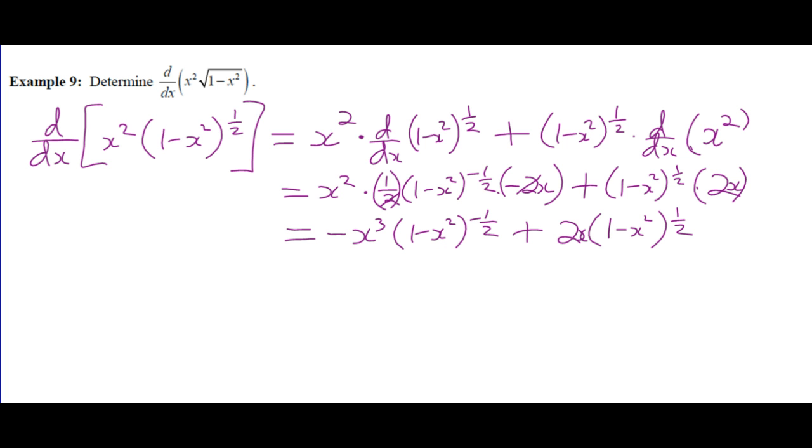Okay, now what's the common factor? So we got an x, and we got a 1 minus x squared to the negative a half. Okay, lowest power of the expression. So we're going to have a negative x squared here, and we're going to have a plus 2x times what?